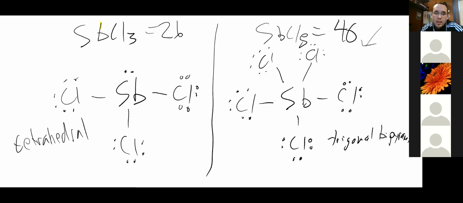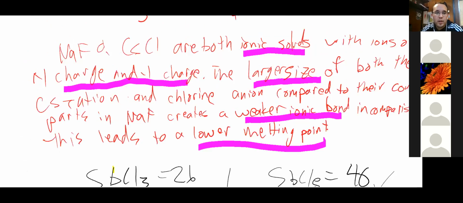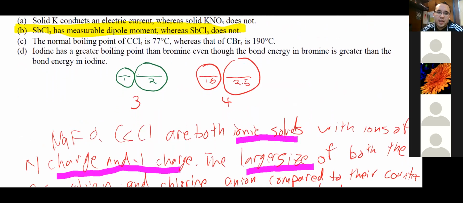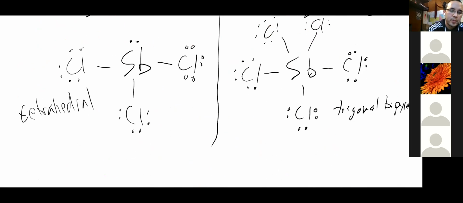And so it's saying that the one on our left, was it polar or non-polar? Right, so if we go back to our question, is the one on the left polar or non-polar? It's saying that it's polar. And it's saying that this one is non-polar.